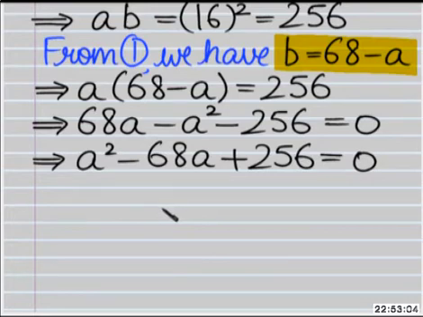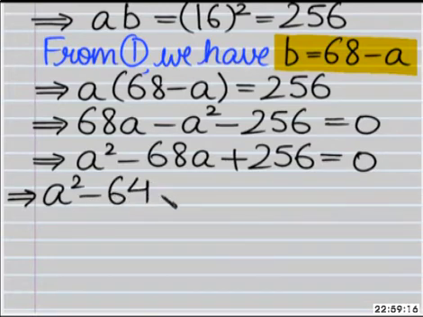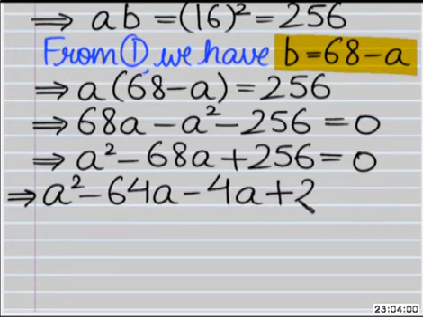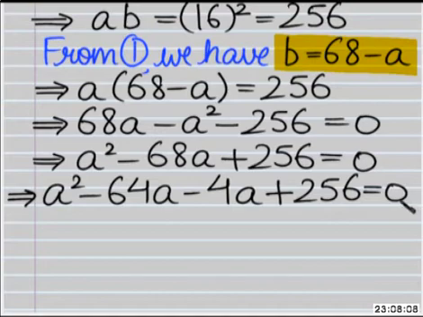On splitting the middle term, this implies A square minus 64 into A minus 4 into A plus 256 is equal to 0.